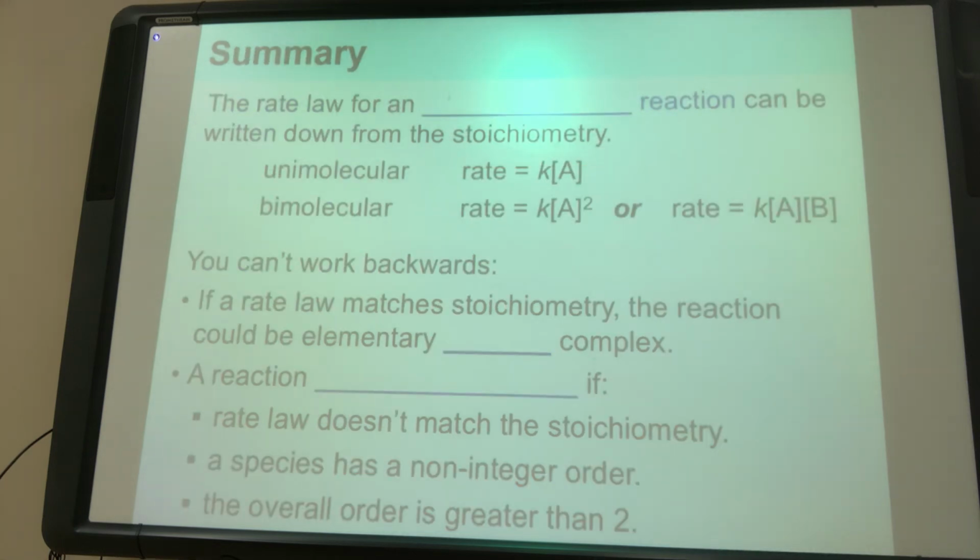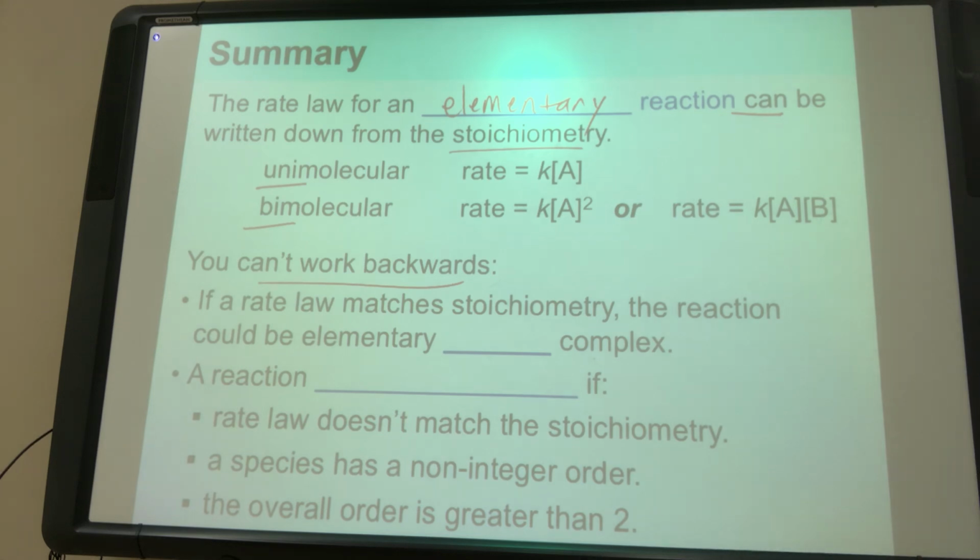All right, so let's summarize this. The rate law for an elementary, a nice, simple, easy reaction, can be determined from the stoichiometry. So if it's unimolecular, it's a 1. If it's bimolecular, it's a 2, either A to the second, or you've got your A and your B. You can't work backwards. I can't look at the rate and know it's elementary.